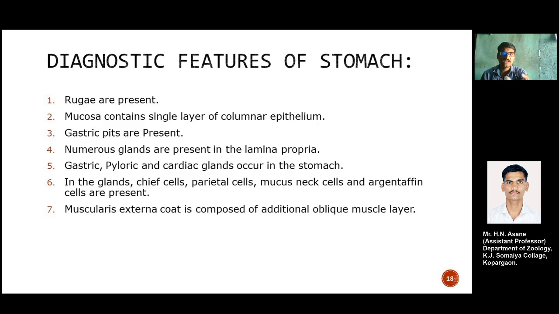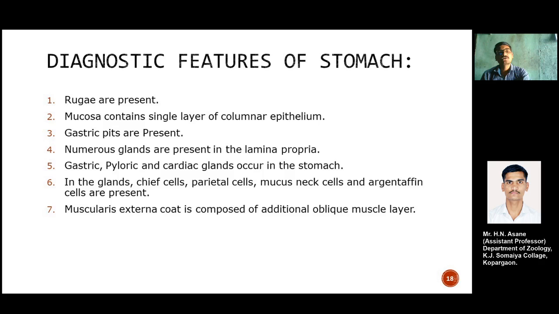We have seen the argentaffin cells, the chief cells, and the cells which produce the various digestive juices. Then the gastric, pyloric and cardiac glands occur in the stomach.